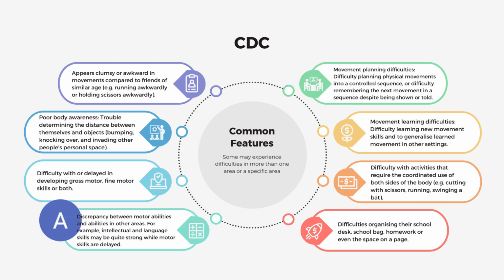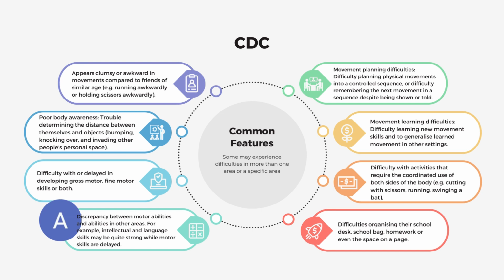Like I mentioned just now, a 7 years old kid might already be able to speak fluently without any error, would be able to determine right or wrong, would be able to excel in academic performance. However, they might not be able to jump correctly. They might not be able to run with alternating leg and hand movement. This shows that they might be having features or symptoms of developmental coordination disorder.